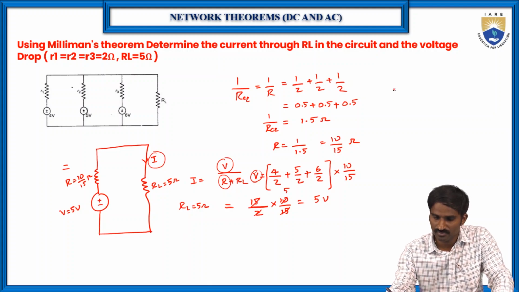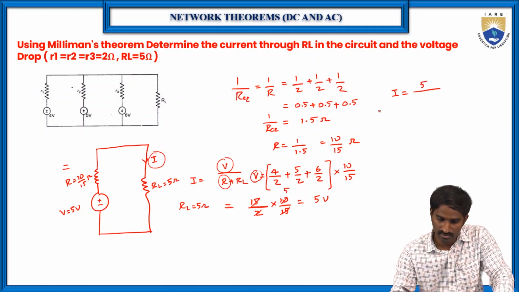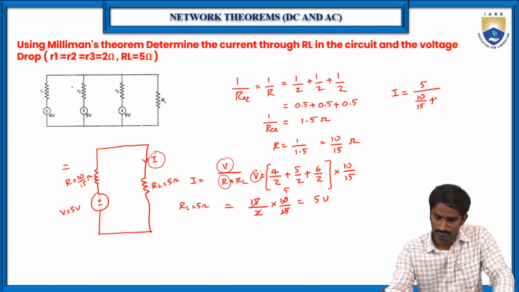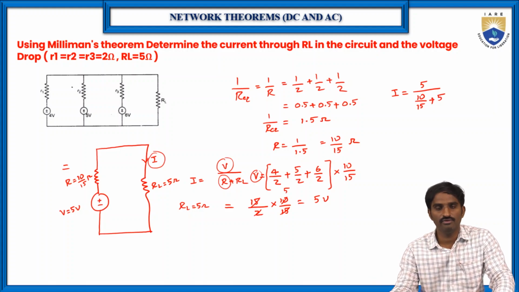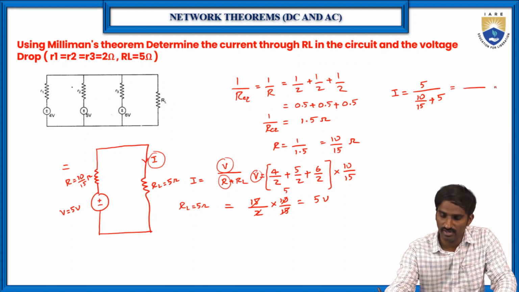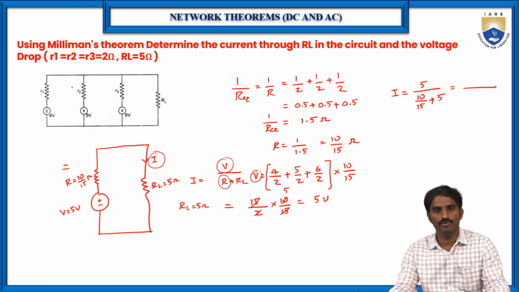So I = V / (R + RL) = 5 / (10/15 + 5). If you simplify, then you will get the value of I. So this is how we can find the current flowing through the load resistance by using Millman's theorem.